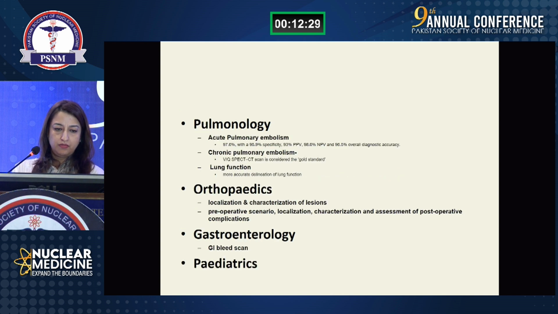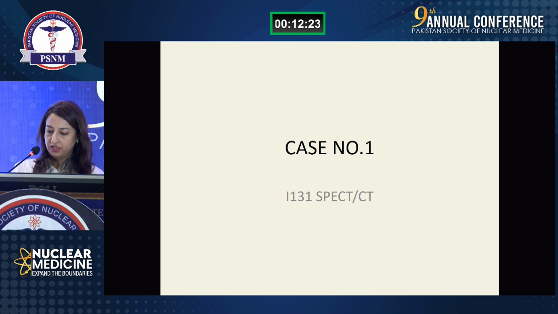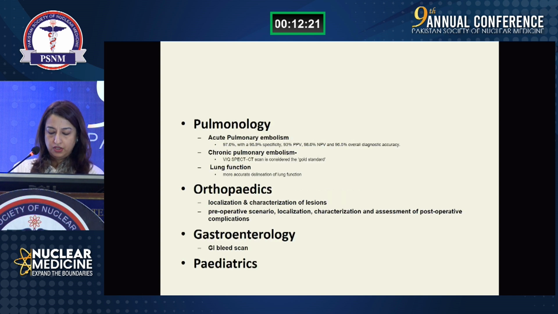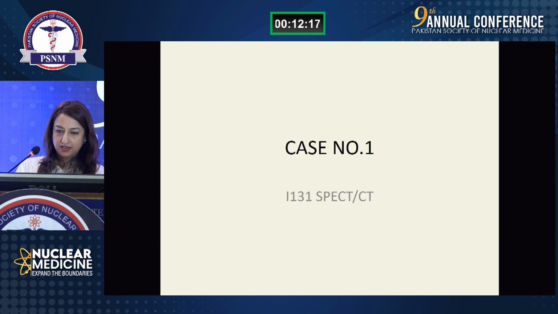So these are the more commonly used applications of cross-sectional imaging. I will jump to a few interesting cases where the cross-sectional imaging, the CT and MR, helped in reaching the diagnosis.